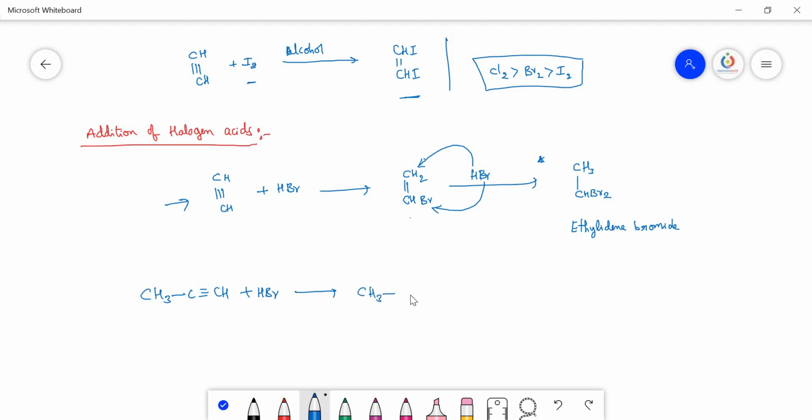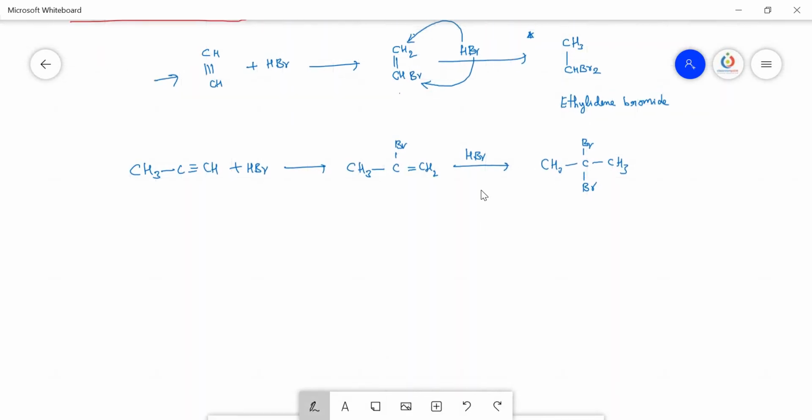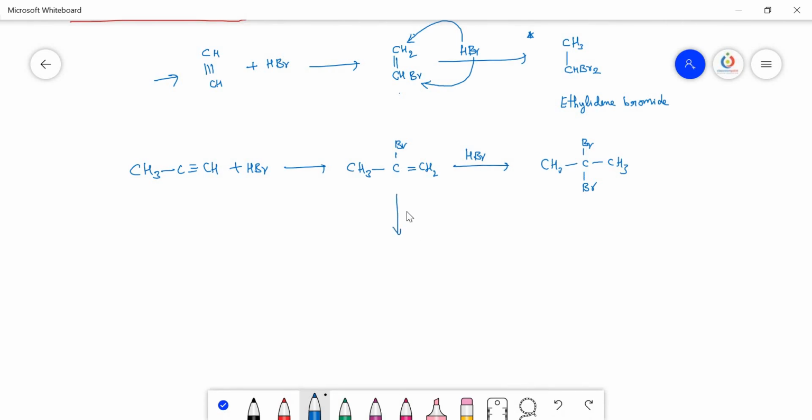So with an unsymmetrical alkyne and an unsymmetrical reagent, again Markovnikov's rule is applicable over here. So that we can say CH3 CBr double bond CH2, and add one more mole of HBr, so that the molecule is again CH3 CBr2 CH3. So the molecule name is 2,2-dibromopropane, and for this molecule, if you add hydroiodic acid, we will get the molecule like this, CBr and iodine and CH3.